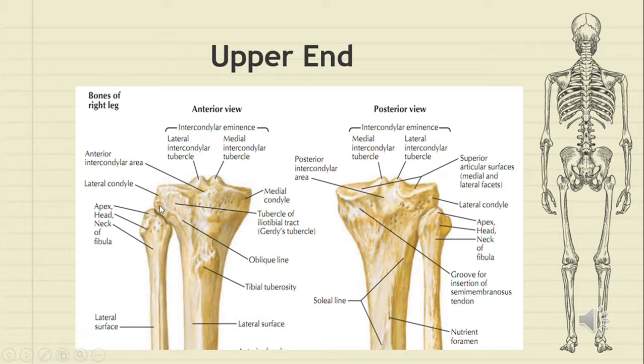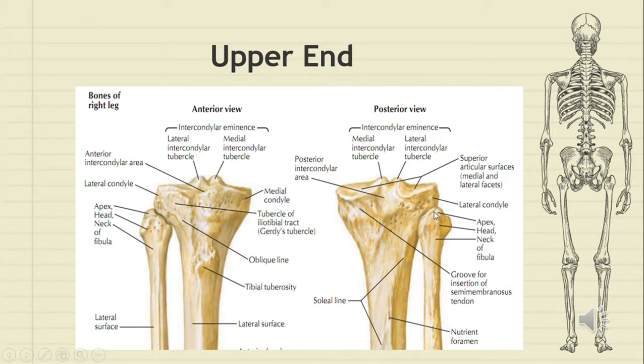Now, as fibula is another long bone, it is described as upper end, lower end, and shaft. Here we can see the upper end of fibula is expanded and it is called the head of fibula. The pointed upward posterolateral part of the head here is called apex or styloid process of fibula, and the constricted part below the head is called neck of fibula.